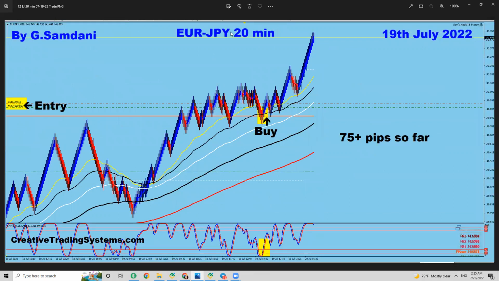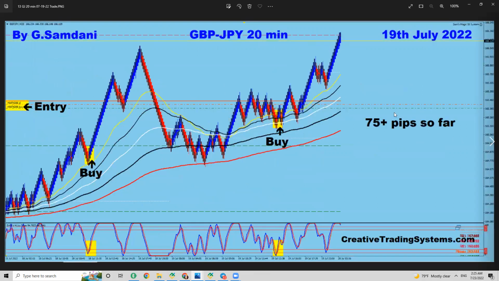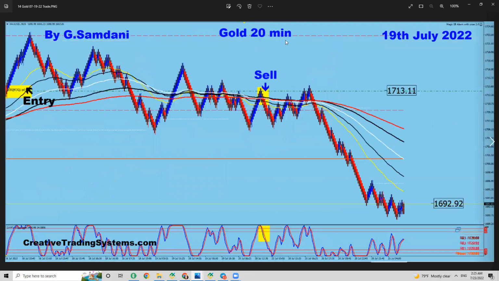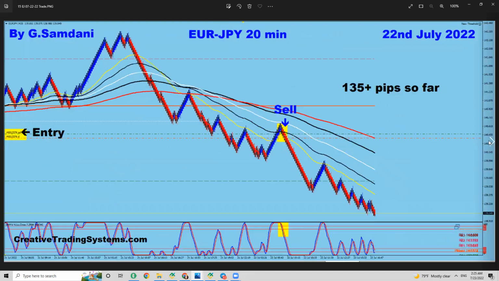This is euro yen on the 19th for 75 pip, the long side. This is pound yen on the 19th, 75 pip to the upside. This is gold going down here from 1713 to 1692.